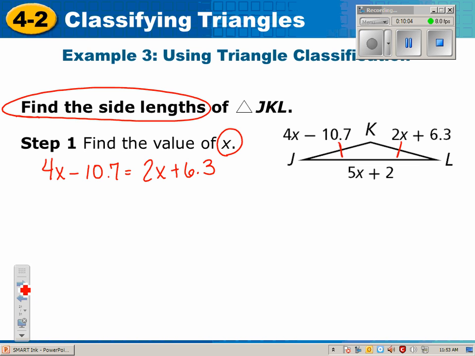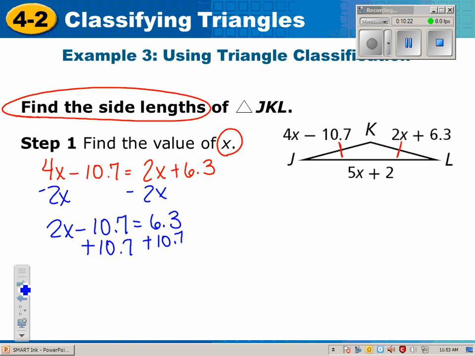Solve it. What do I do? Subtract 2x. So 2x minus 10.7 equals 6.3. Now what? Add 10.7. And 2x is 17.